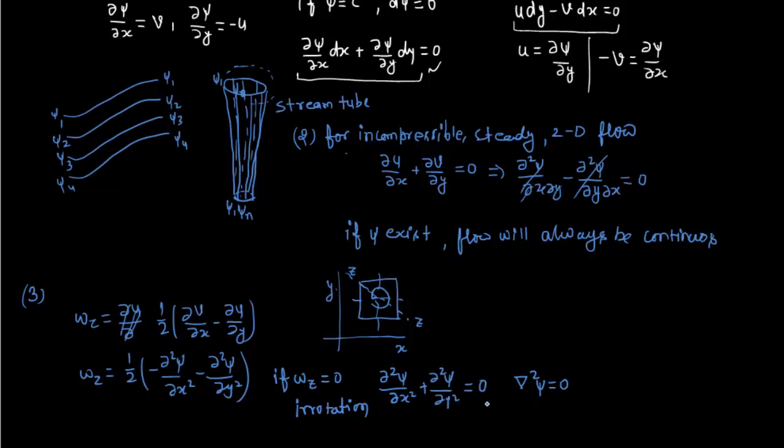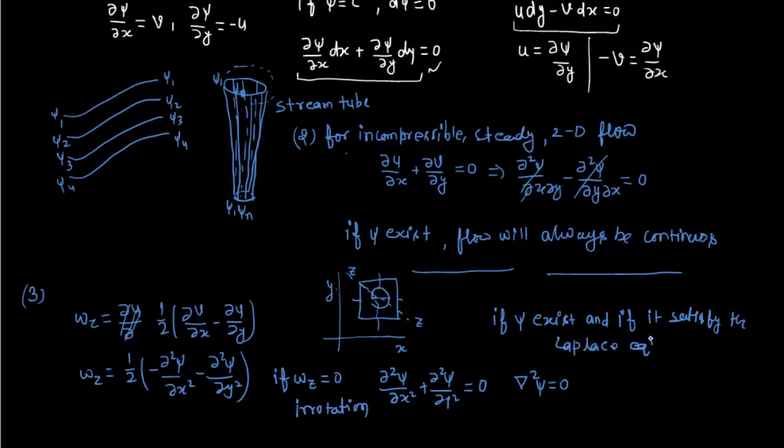So in our third point we can say that if psi exists and if it satisfies the Laplace equation, then the flow will be irrotational.